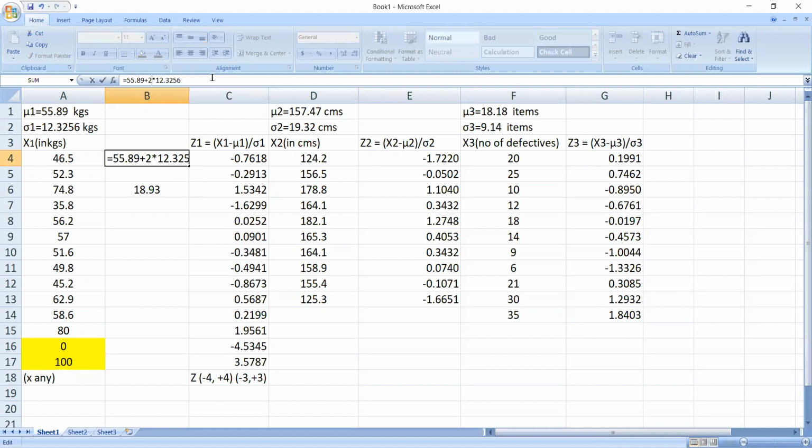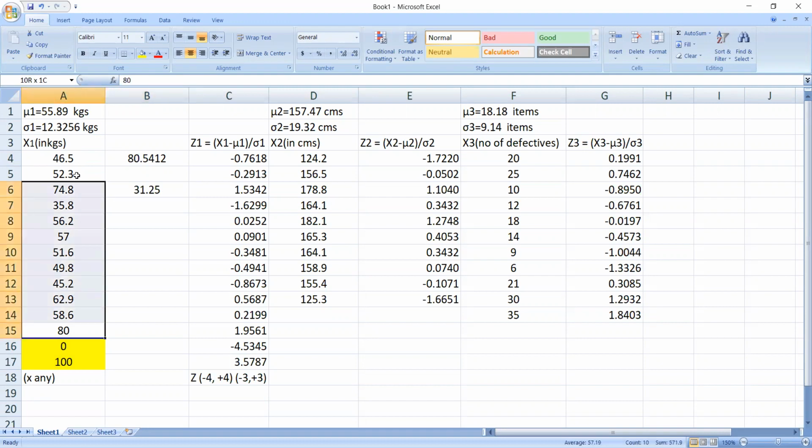So I have mu plus 2 sigma and mu minus 2 sigma. This is telling 95% of the data will be within this. So you have 46, 52, 74, 35. Even in this case, the values are such that they are within 2 sigma.